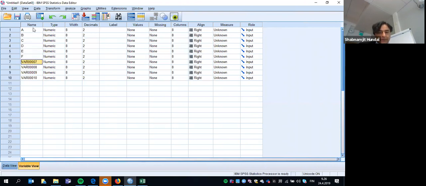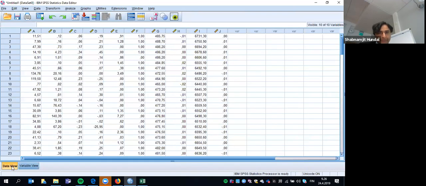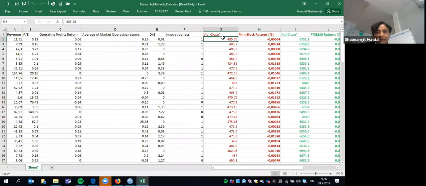F, G, H, I, J. So let's assume that our G variable, which is the firm's adjusted stock price, is a dependent variable.